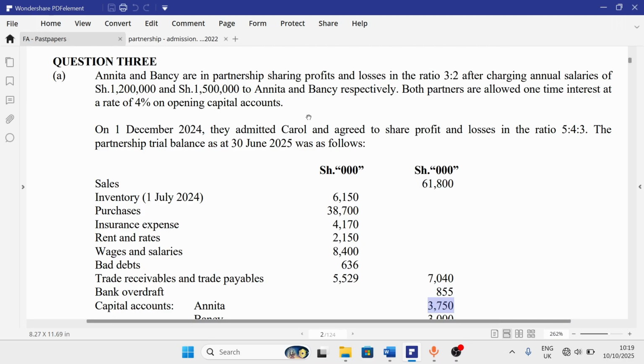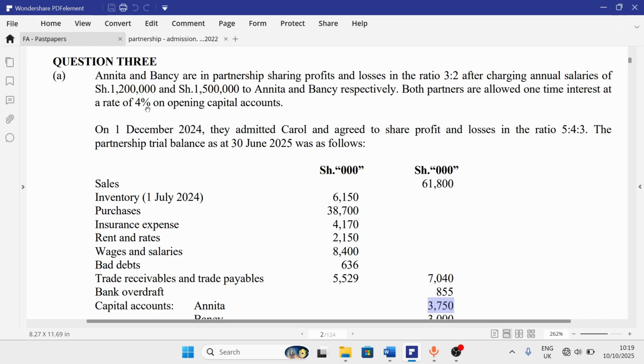So normally the rate that is quoted here is usually an annual rate. The 4% is supposed to be an annual rate. But because the first period is only 5 months, we are not going to calculate interest for the whole year. Instead, we are going to calculate interest for just the first 5 months.